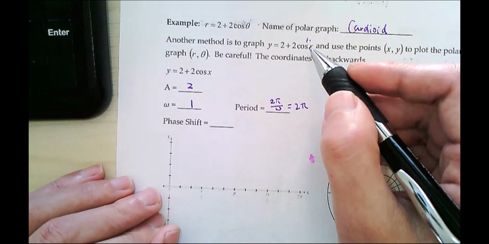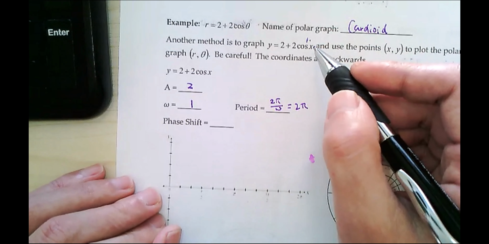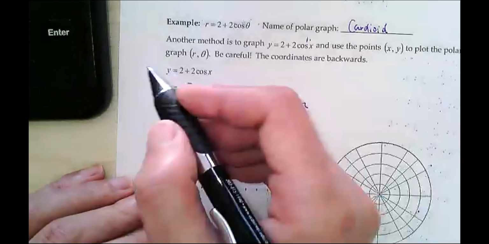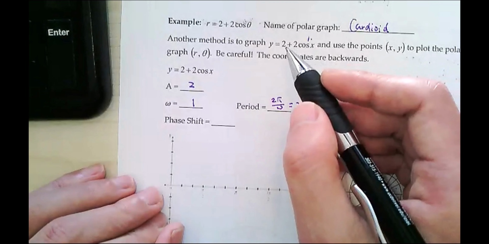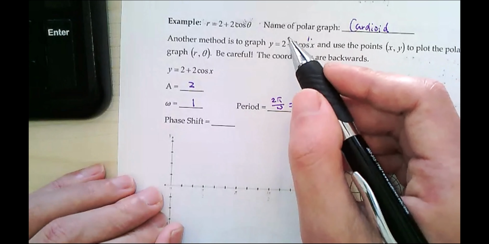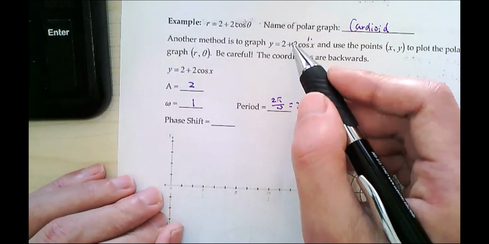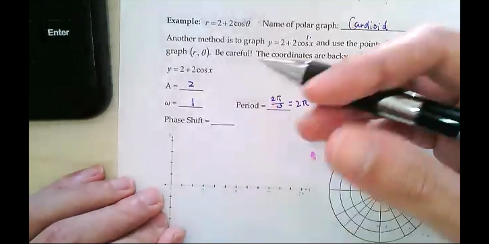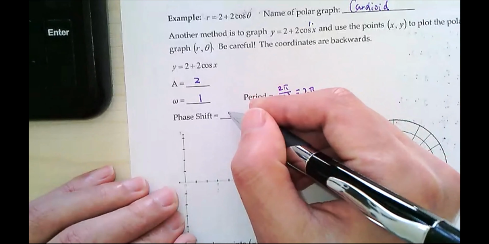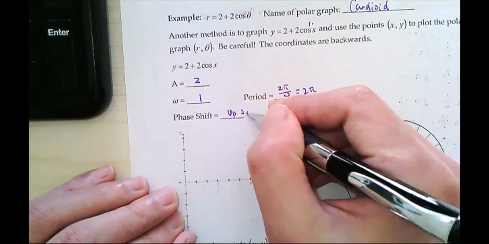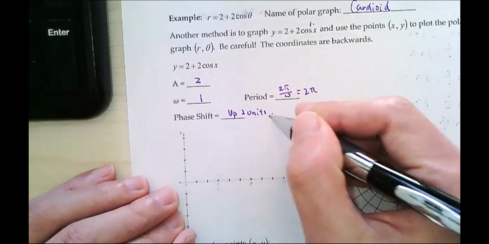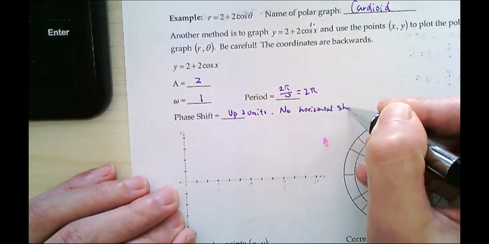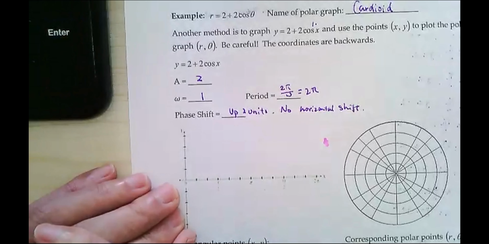This x, does this x add to anything or subtract from anything? No. So there's no horizontal shift. However, look at the whole function. The whole function was added by 2, which means it lifted up by 2 units. So vertical shift is up 2 units. No horizontal shift. That's it.